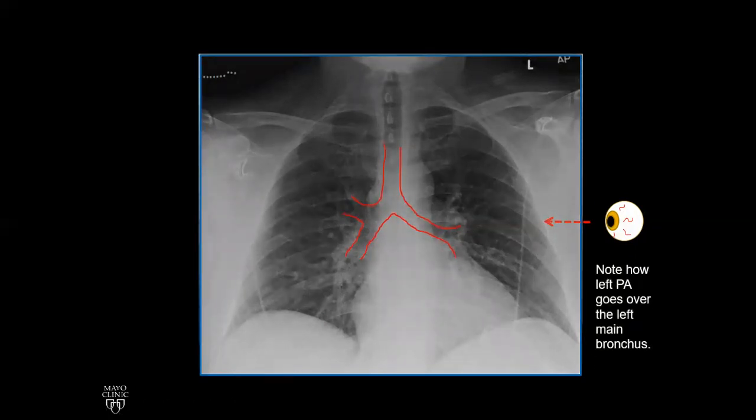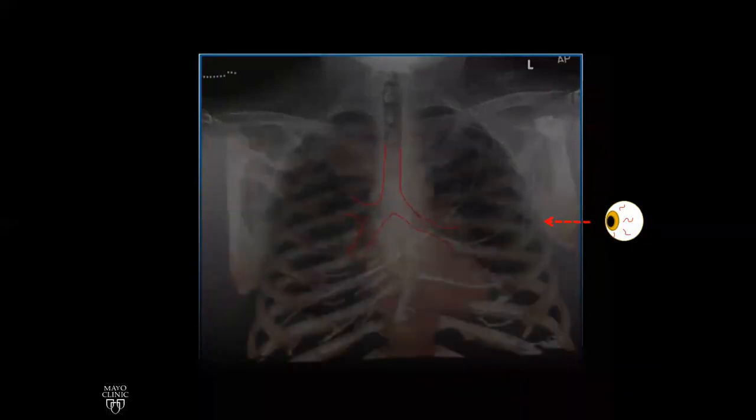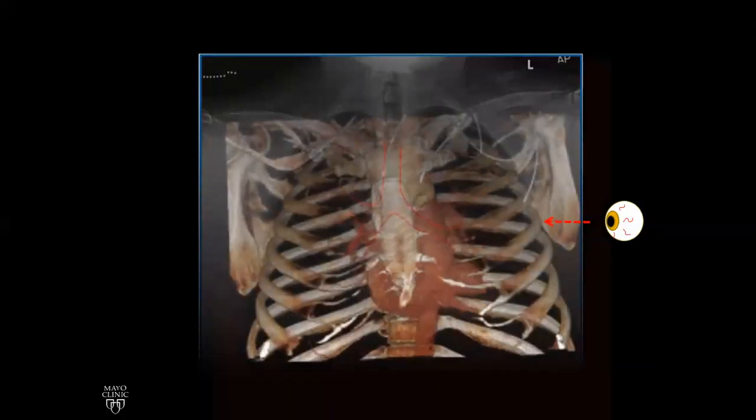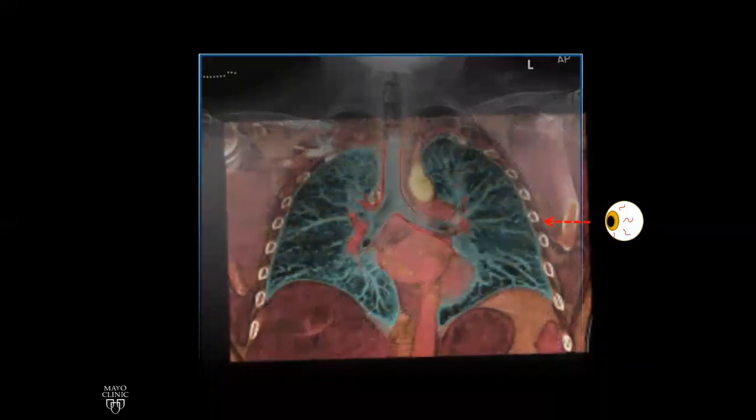And notice how the left pulmonary artery goes over the main bronchus. We'll get into this more. And that's one of the reasons the left main bronchus is more inferior than the right. Well, the left upper lobe bronchus is more inferior than the right upper lobe bronchus. If we fill in the CT scan to sort of show that anatomy, we can see trachea, the left main, and the right upper lobe bronchus.